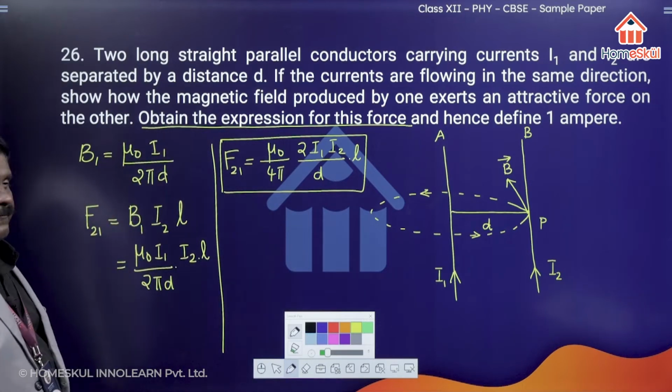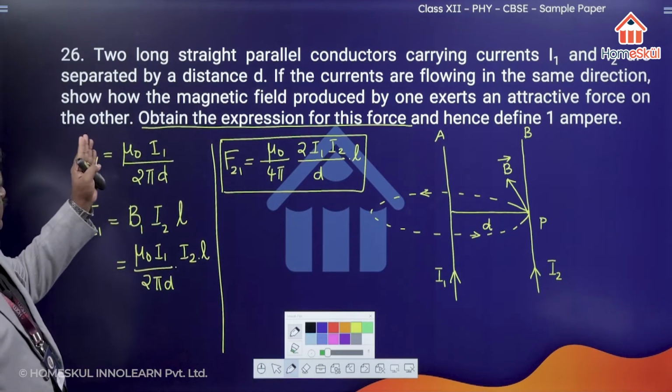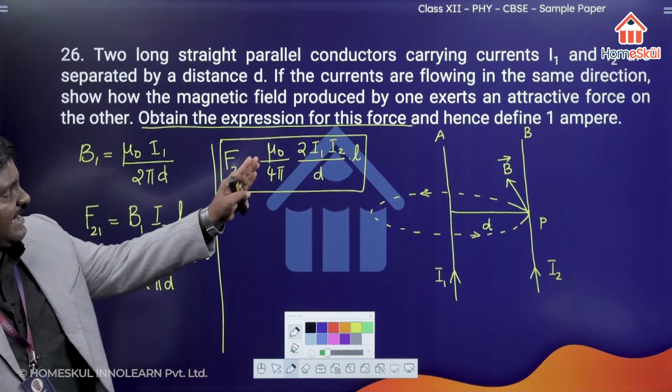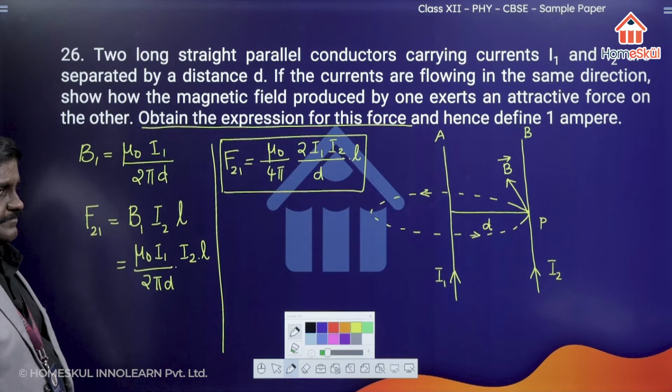Now show how the magnetic field produced by one exerts an attractive force on the other.